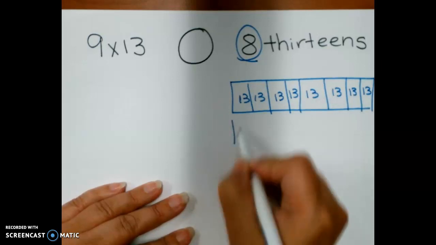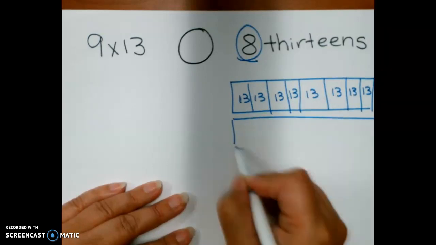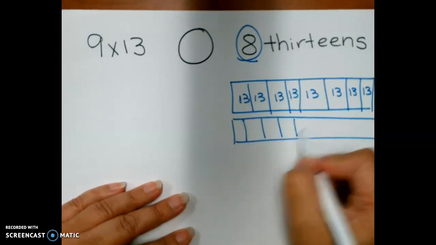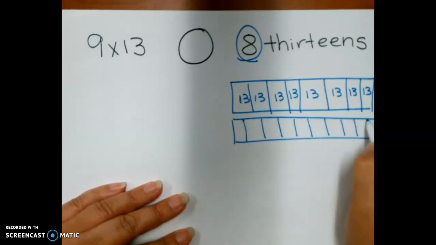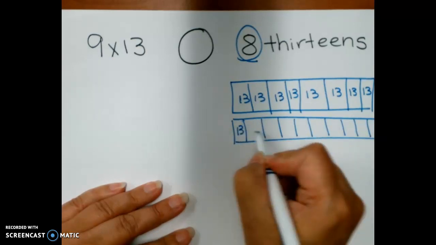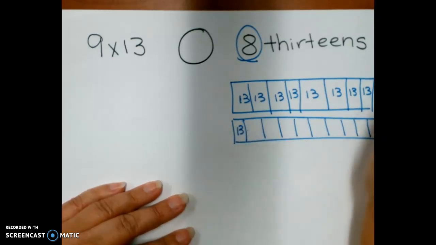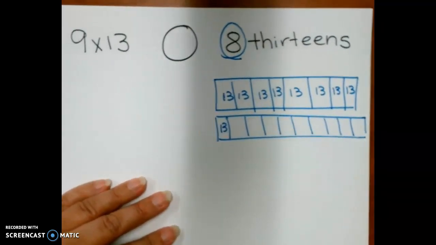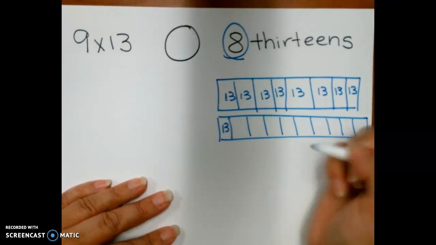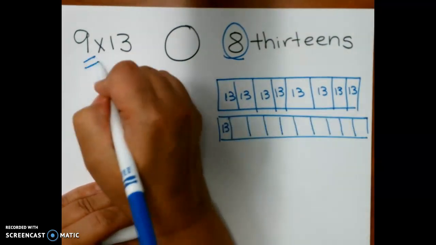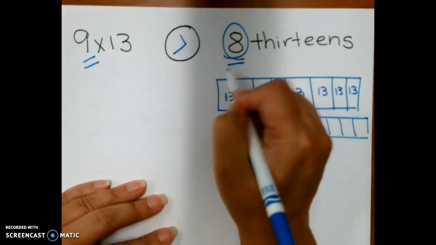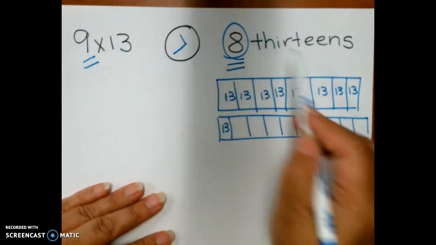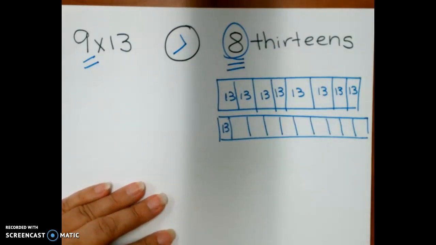And then if I have 9 13s, my second bar model is actually longer by 1 13, because I know that 9 is greater than 8. So 9 13s is greater than 8 13s. Go work on your problem set.